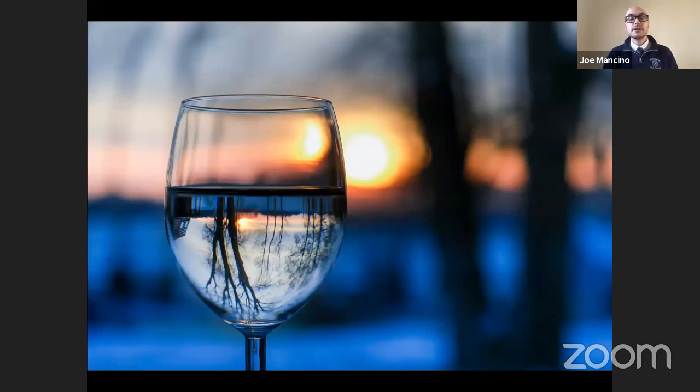An image that we had on yesterday was this one, an image of water in a wine glass. And I said we would come back to why the water seems to flip the image over and why it's in focus while the background is not.